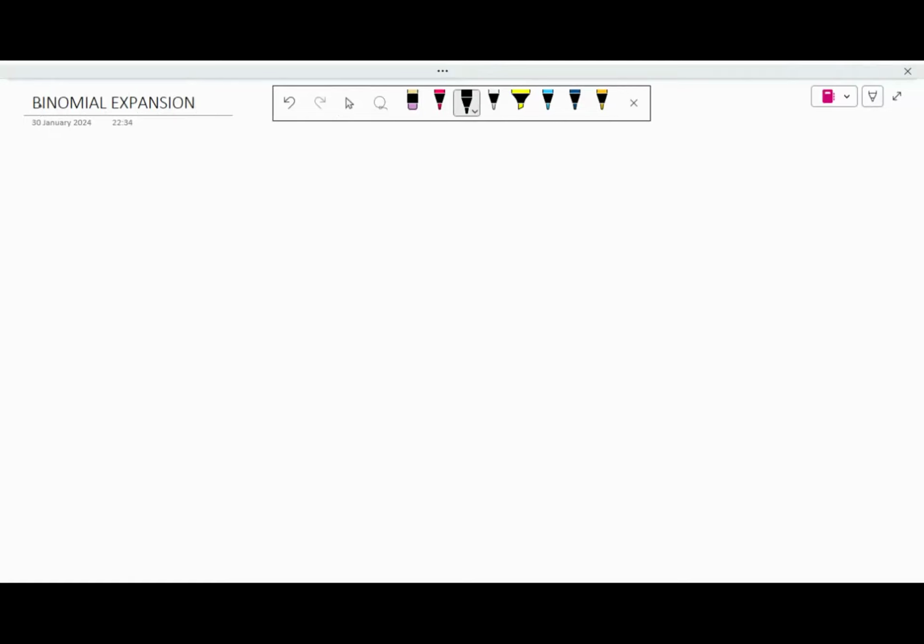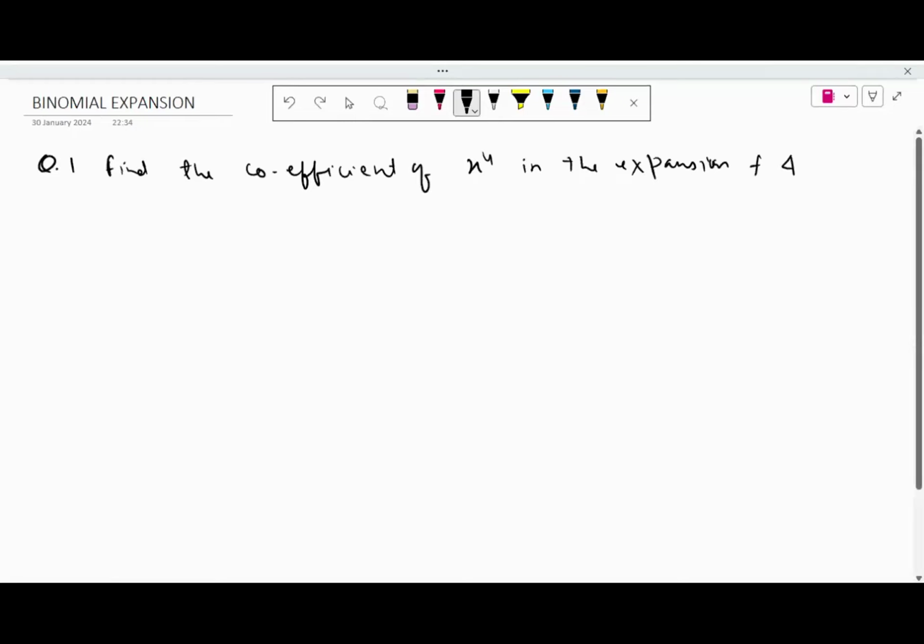So the first question is: find the coefficient of x to the power 4 in the expansion of (4 minus 3x) to the power 7. Is it? Yes, it is.